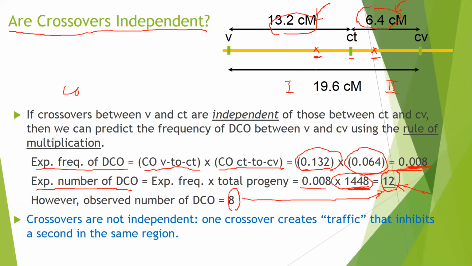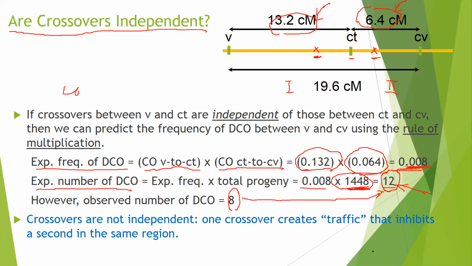However, the observed number is significantly smaller than this number, which means our assumption is not right, which means these two regions are not independent. So I hope you can follow my logic here.